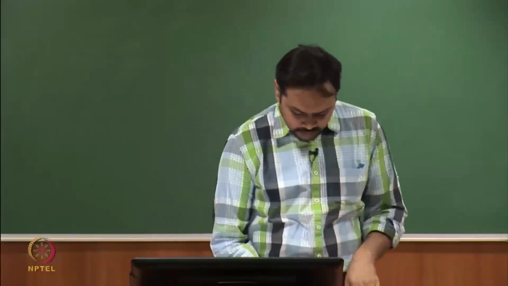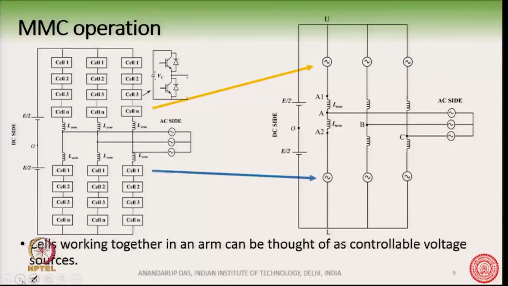In fact, we are producing a sinusoidal controllable voltage source from this converter, and so this arm is now replaced by this controllable voltage source. This voltage source is representing the arm voltages.